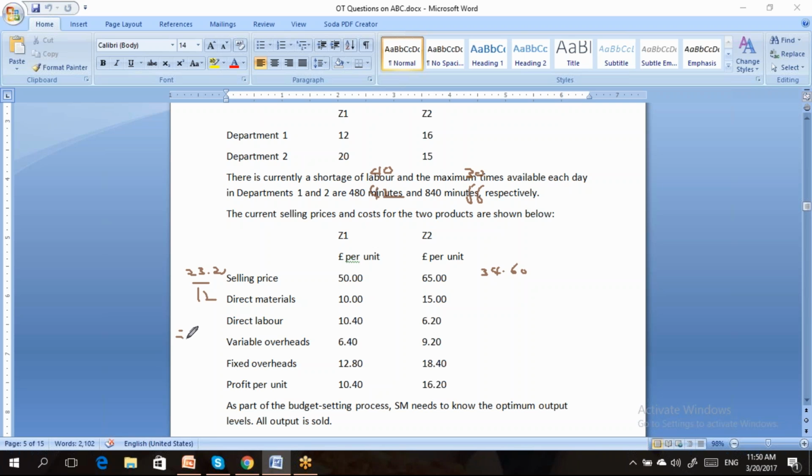Contribution per minute, how much? It takes 12 minutes. 1.93. Can you similarly work out for Z2? 34.6 divided by 16.